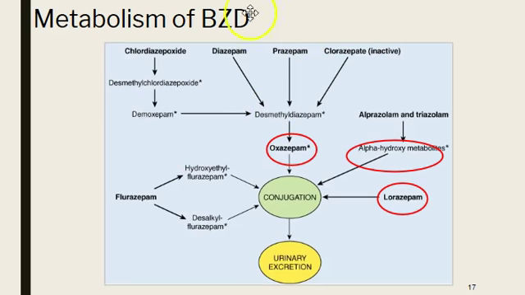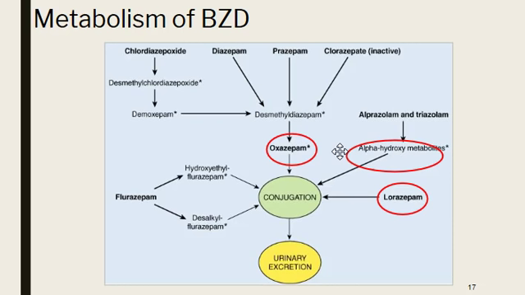The bulk of the metabolism occurs through the CYP-P450 enzyme system. And the resulting active metabolites, so something like desmethyldiazepam and alpha-hydroxy metabolites that are related to the alprazolam version, produce clinically significant effects.